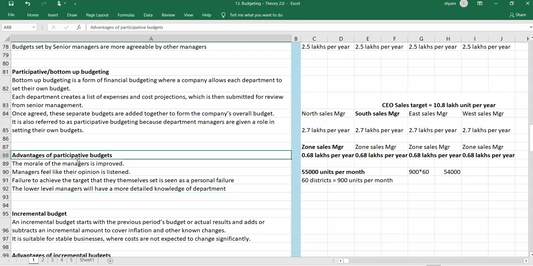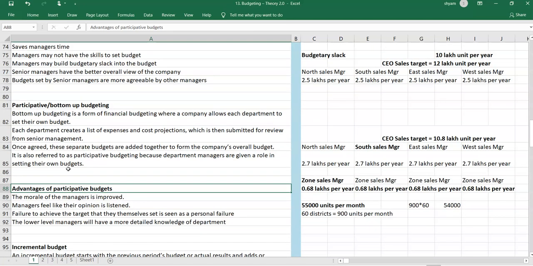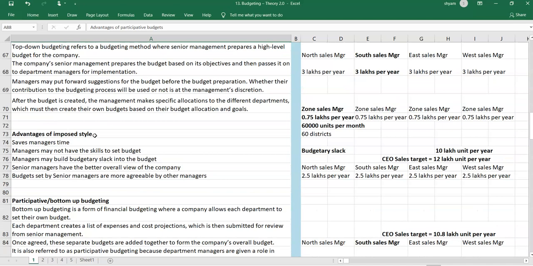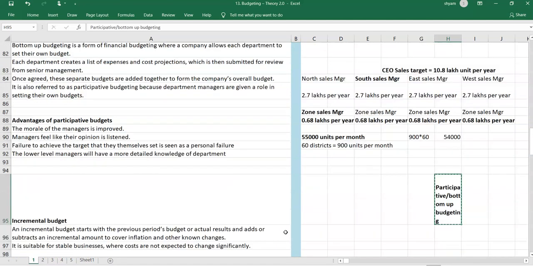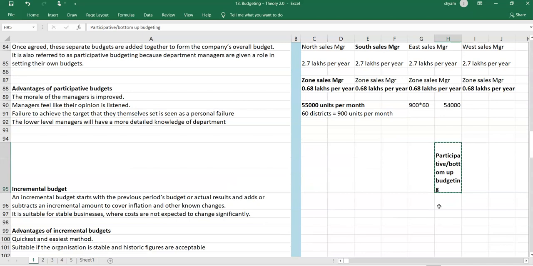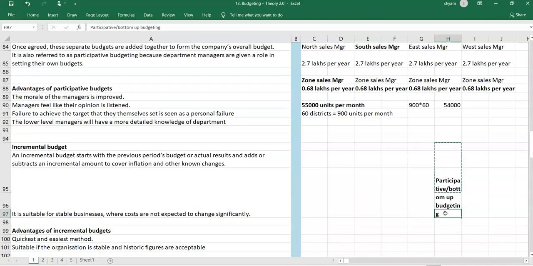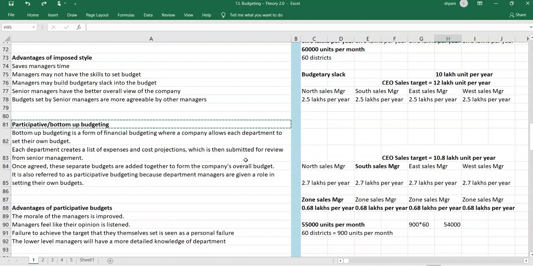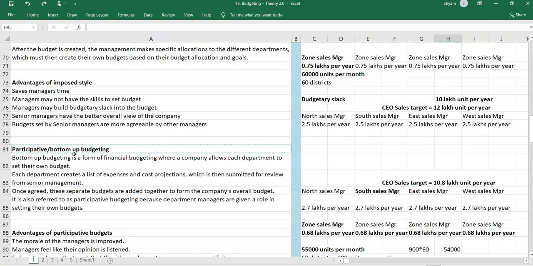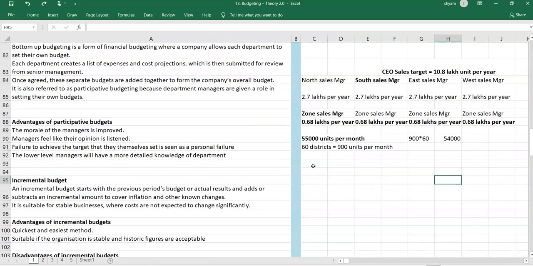So how can we understand the advantage and disadvantage of top down and bottom up budgeting? So we can put it like this. I think we'll type it here.